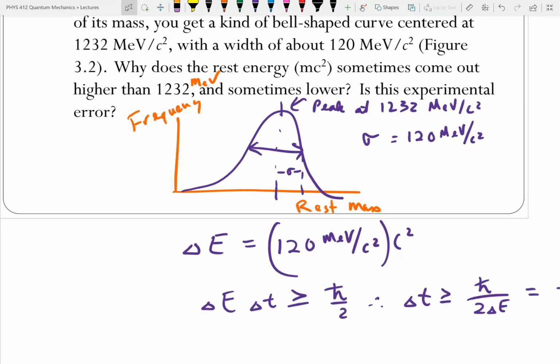Energy cannot be created or destroyed. And yet here we have an uncertainty relationship for energy. And so the way we interpret this is, I can totally have energy conservation broken as long as it's broken for a time that's smaller than that specified by this uncertainty relation. I can break it as long as the energy violation times the time in which that violation occurs is smaller than h bar over 2. Then we don't have a problem with it.